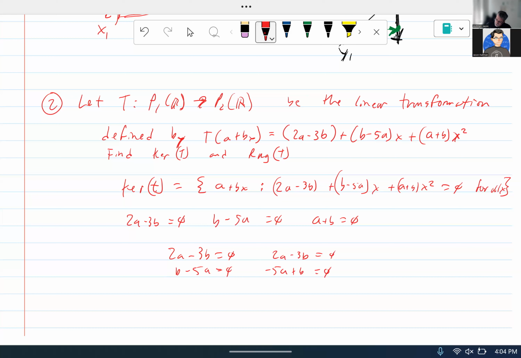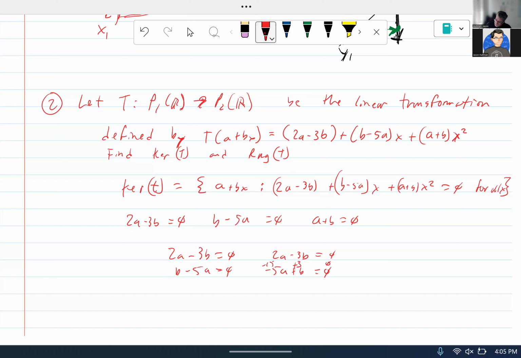Okay, and so if I multiply through by 3 on the bottom, minus 15A plus 3B is equal to 0.